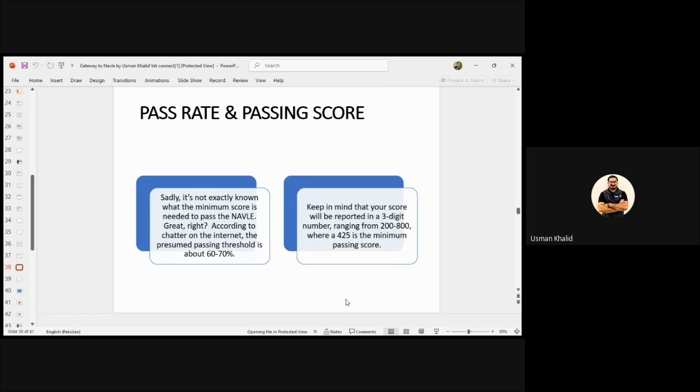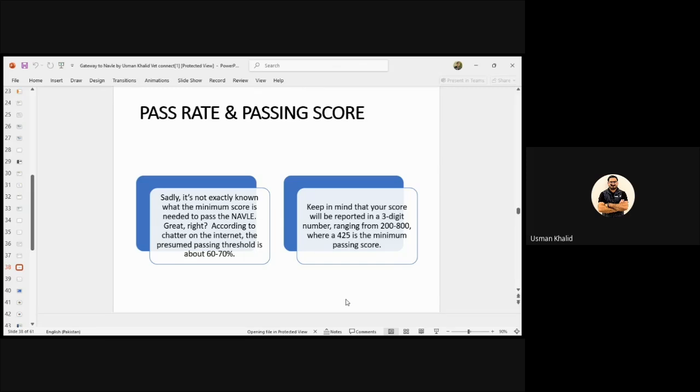So passing rate and passing score are some kind of variable thing as well. Overall, if you are able to answer correctly 60 to 70% of the questions, that will be nice. It will be a good thing, and you will be able to pass that exam easily.